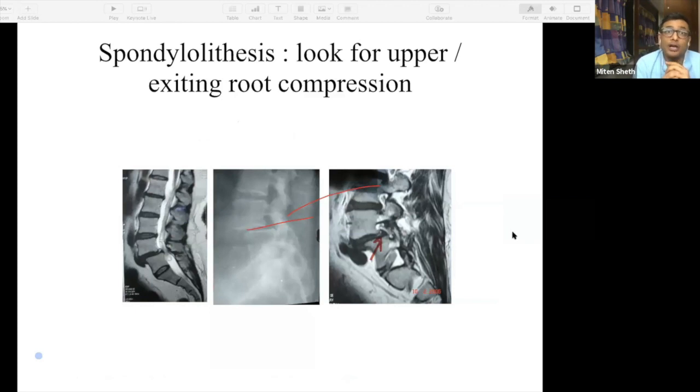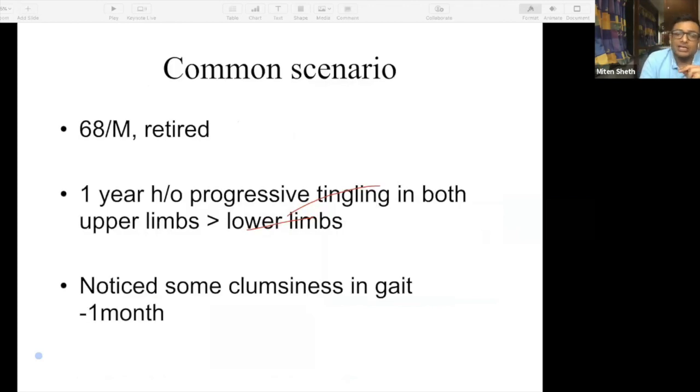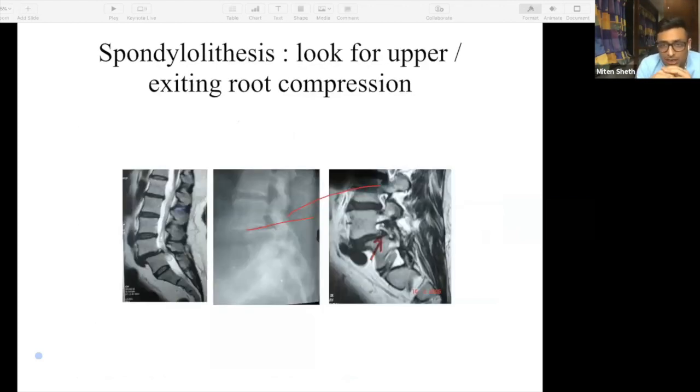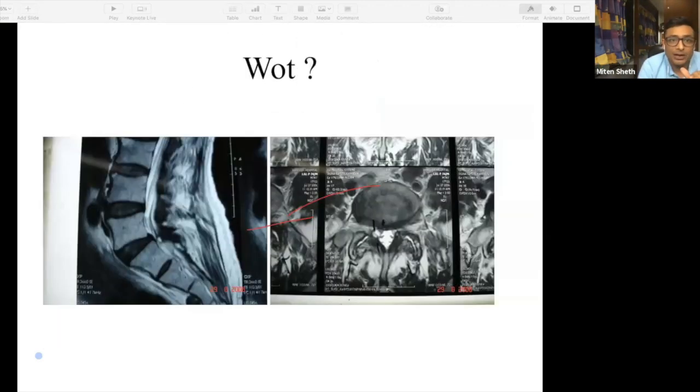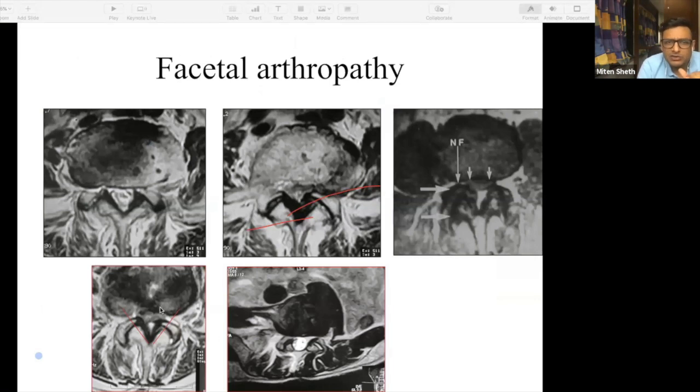Whereas a spondylolisthesis, which is because of a degenerative condition, is again going to appear like this, wherein you will have a malalignment at one place and a compression there. I've not put the axial cut, but when you see the axial cut of that listhesis, you will see a severe central stenosis.